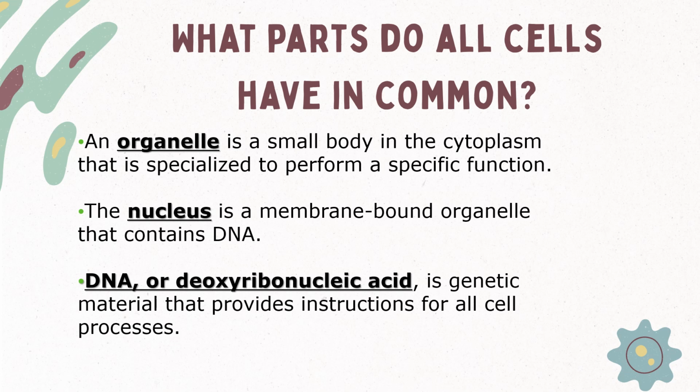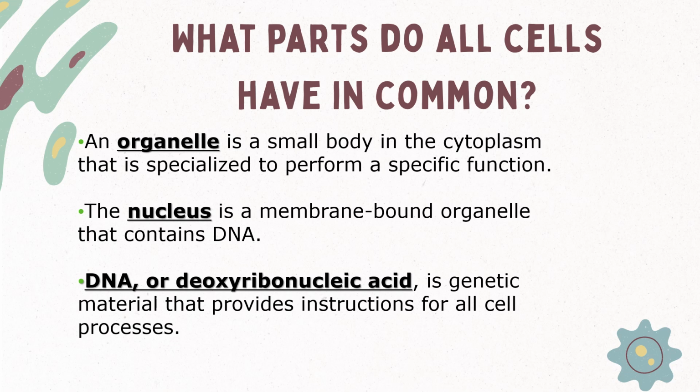The first organelle is the nucleus. The nucleus is a membrane-bound organelle that contains DNA, in both animal cells and plant cells. DNA is a genetic material that provides instructions for all cells. What is DNA? DNA is a genetic material that consists of genes.